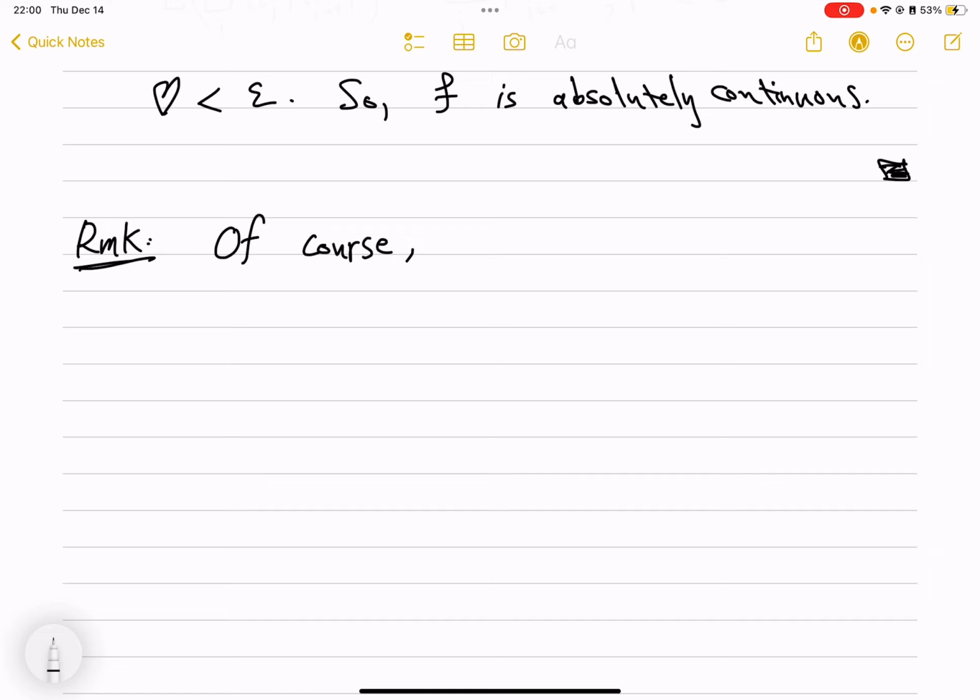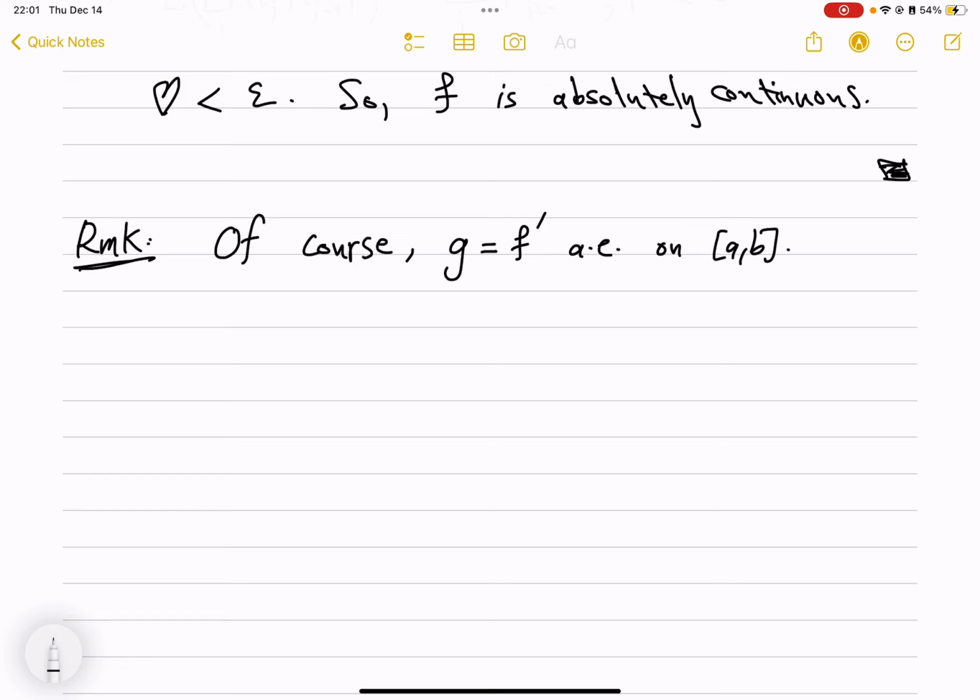Of course, this g cannot be any g. g is actually equal to f prime almost everywhere on [a,b]. So the nice thing about this characterization is that a priori you don't need to assume that the equality holds with f prime. If it holds with any g, then you know it's absolutely continuous, and then you know that the function is differentiable almost everywhere, and then you know that that g has to be equal to f prime.